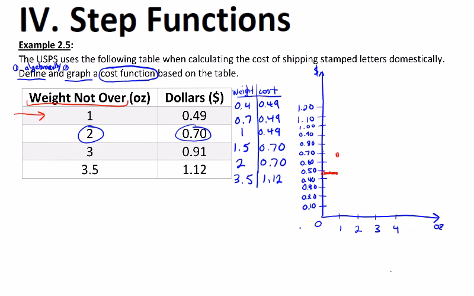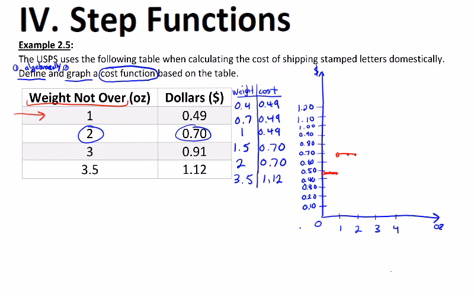And then you know that 1.5 is going to cost 70 cents, and we know that 2 ounces is also going to cost 70 cents. So just connect a line from your open point all the way to that last closed point, and now you've represented every single weight that would cost 70 cents.